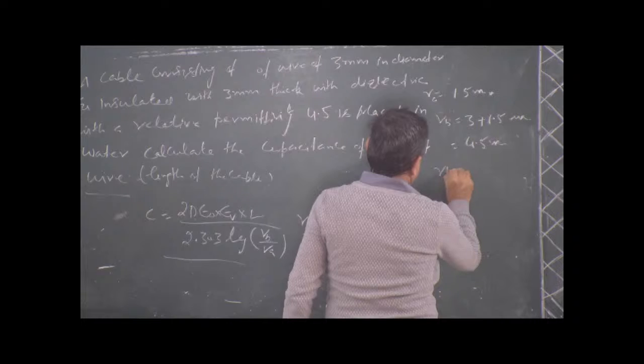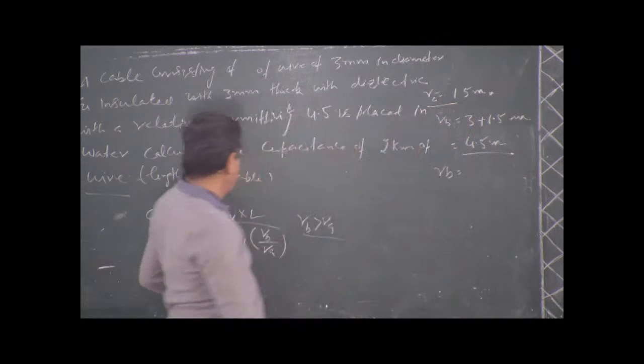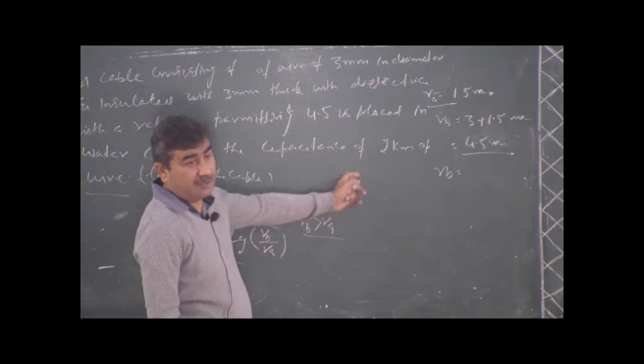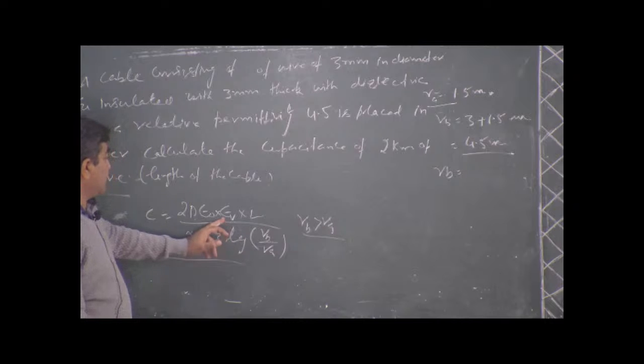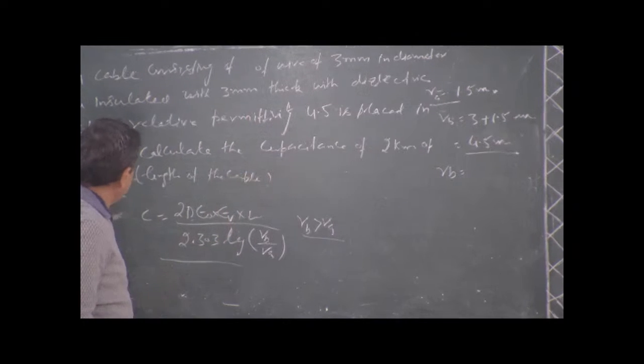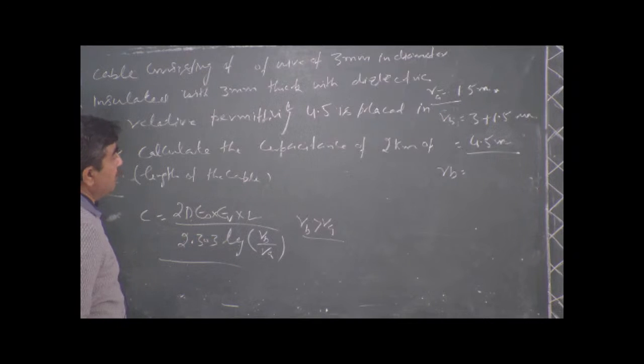So RB will be this one and RA will be this. Other thing you know, length आपको दी हुई है 2 kilometer, 2 into 10 power 3 meters. Accordingly, put the value of this epsilon r is again 4.5.